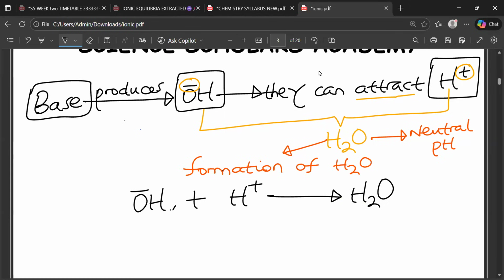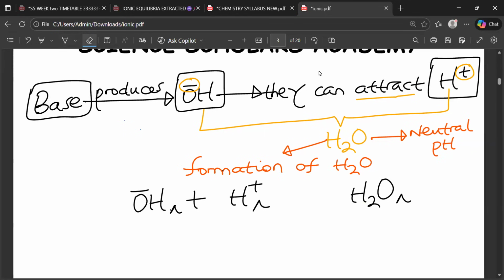You all know this is aqueous because we are in a solution. This is aqueous and this is a liquid. You know all those states. So I don't want us to go into too much details for now, but that arrow is reversible.